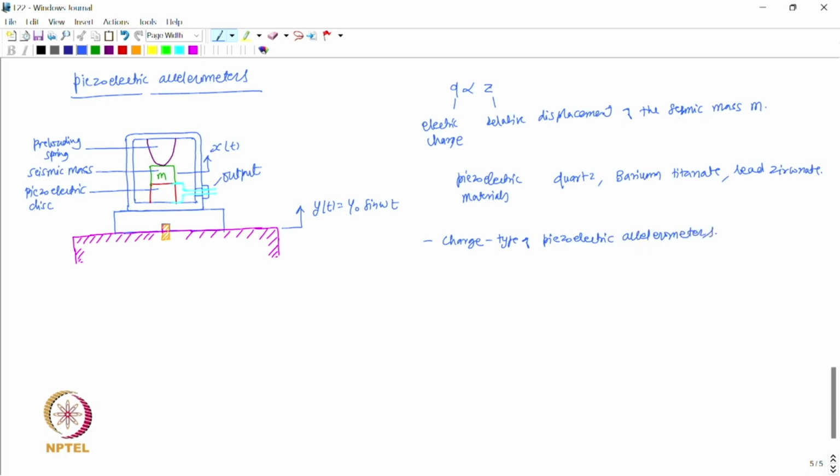The output of the charge type piezoelectric accelerometers cannot be directly measured by connecting them to any voltage measuring device, and what we require is a charge amplifier.